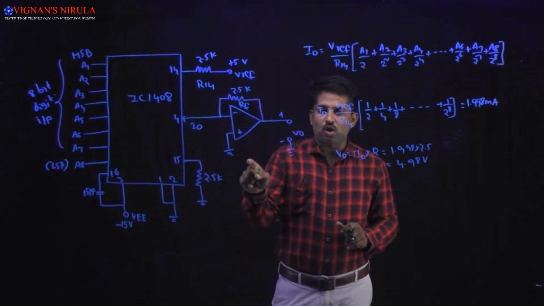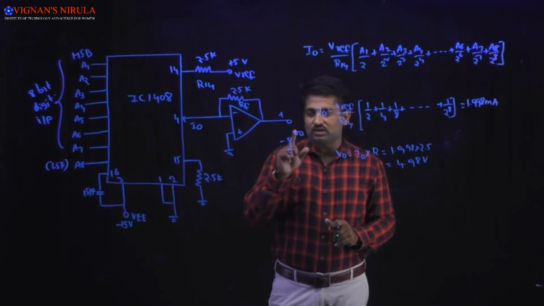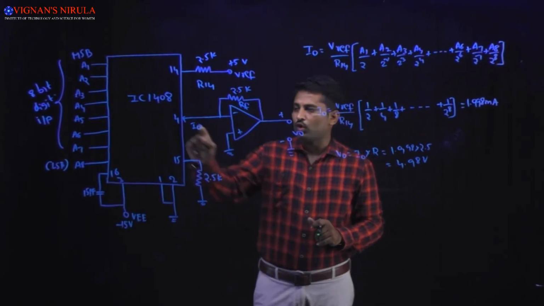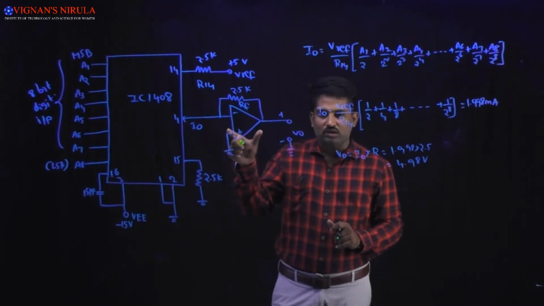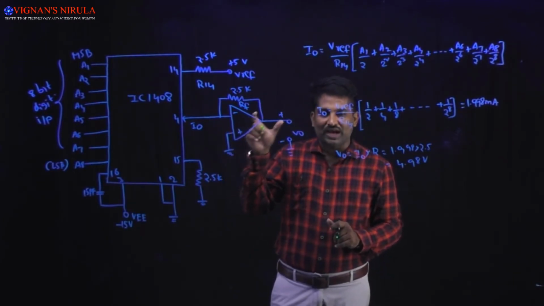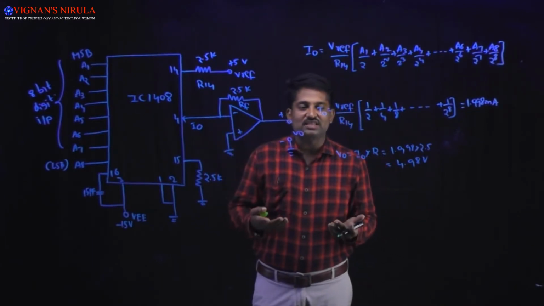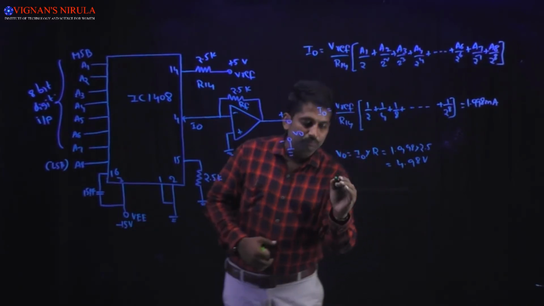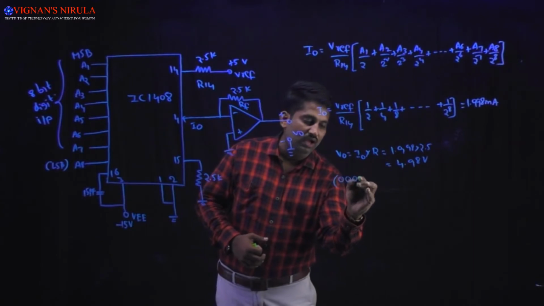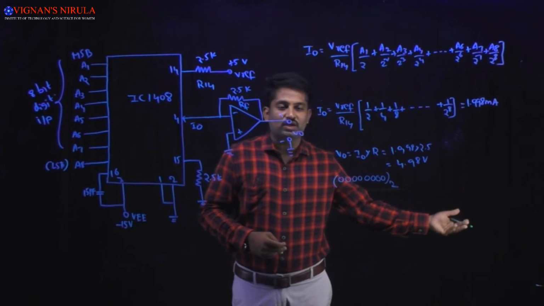The circuit shown in this figure gives the output voltage as a unipolar output voltage, and if you observe this circuit, the fourth pin represents the output current of the IC1408 and the direction of the arrow mark represents the output current direction, which is inverse in this case. That means IC1408 sinks the output current. Whenever all the 8 binary inputs are zeros, the output current will be equal to 0.